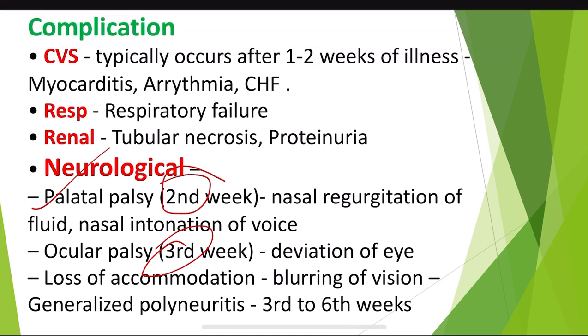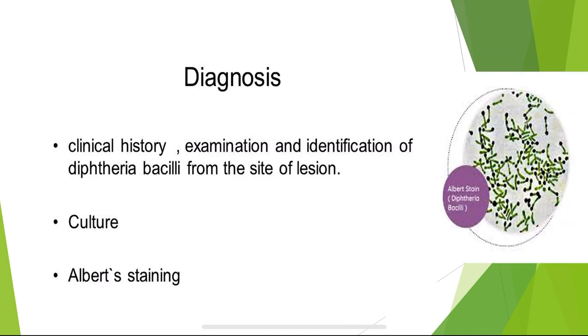Moving further to the diagnosis of diphtheria, we need to take the clinical history. In the clinical history, we may consider the following factors when diagnosing diphtheria. It could be the age of the patient. Typically, diphtheria occurs in children less than 5 years of age.